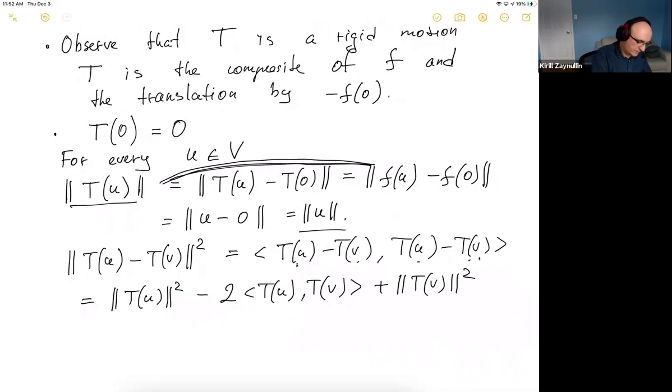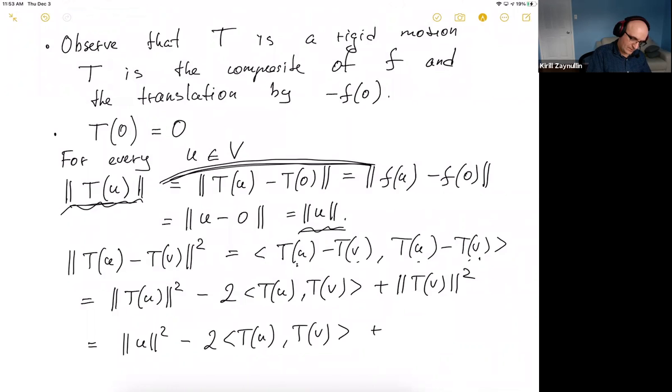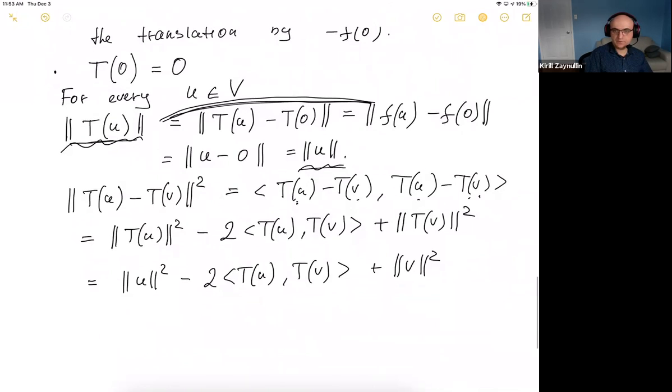Now we can substitute, because we know that the length of t of u is the length of u for any u. So we can write it down as the square of the length of u, minus 2 times the inner product of t of u and t of v, plus the square of the length of v.